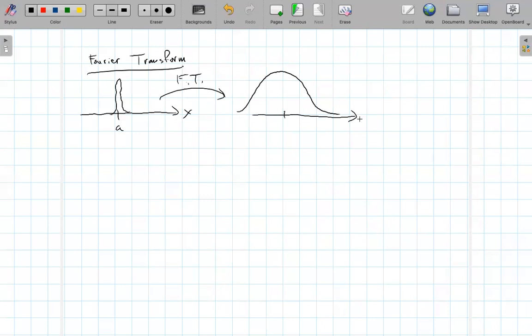Right? So if this was momentum, and this thing had a delta x width to it, as delta x gets smaller, the spread of this guy actually becomes bigger. So as this guy goes down, this guy is going to go up.